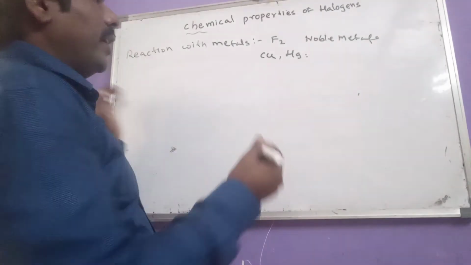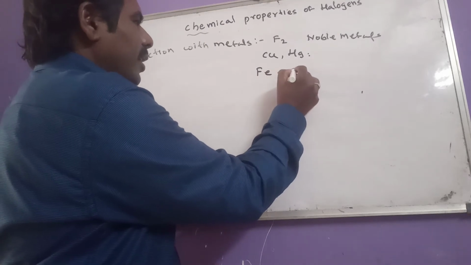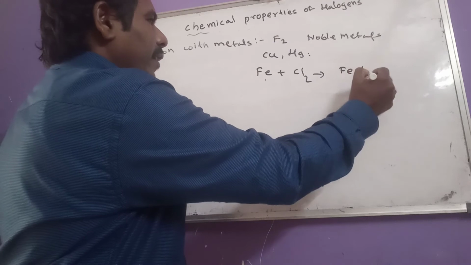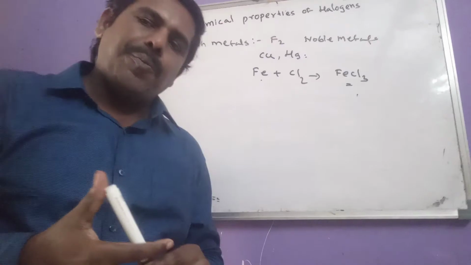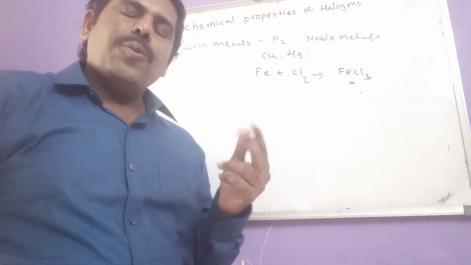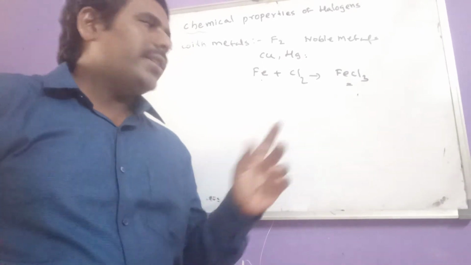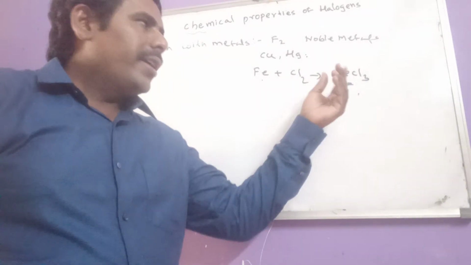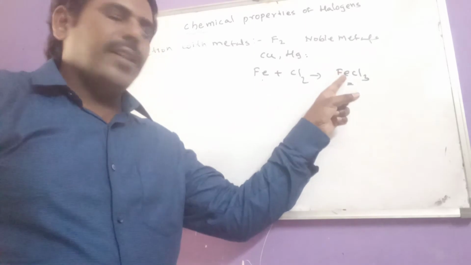Another important thing: if you consider halogen reaction with any metal, mostly they give products in the higher oxidation state. That means iron plus chlorine, two products we know, ferrous chloride and ferric chloride, but chlorine always gives ferric chloride as the major product.